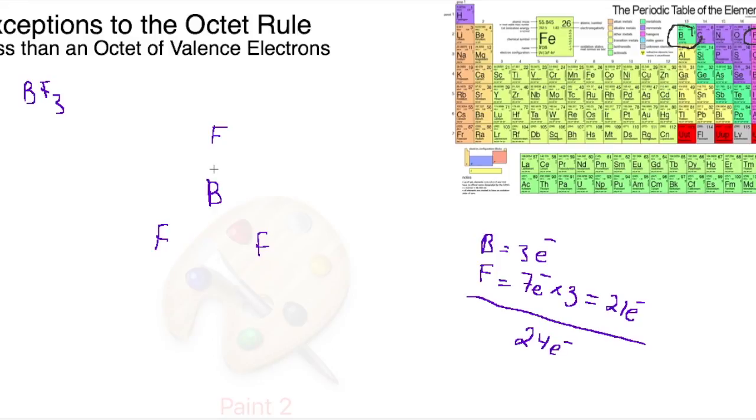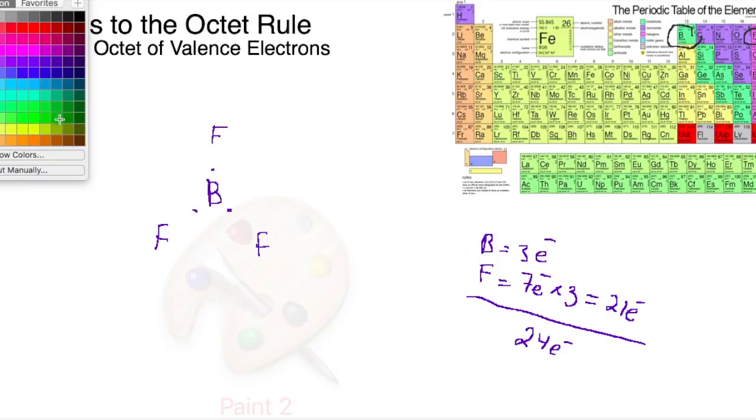So now let's put our electrons where they belong for now. Boron has 3 available, so I'm going to put 3 electrons around it. Let me change the color so it's a little easier to see. Let's get green.